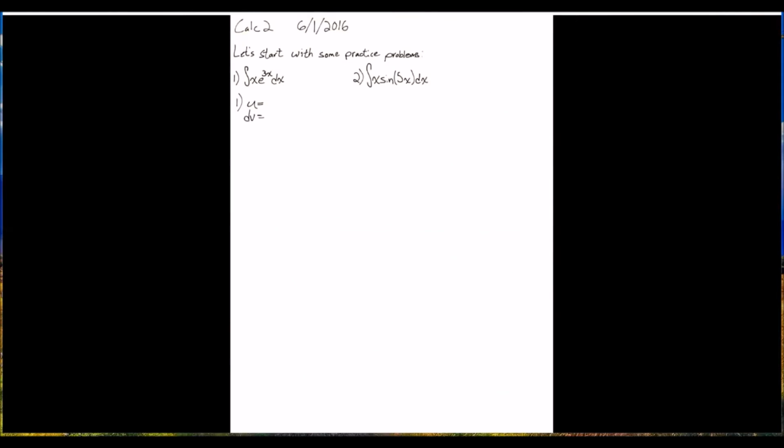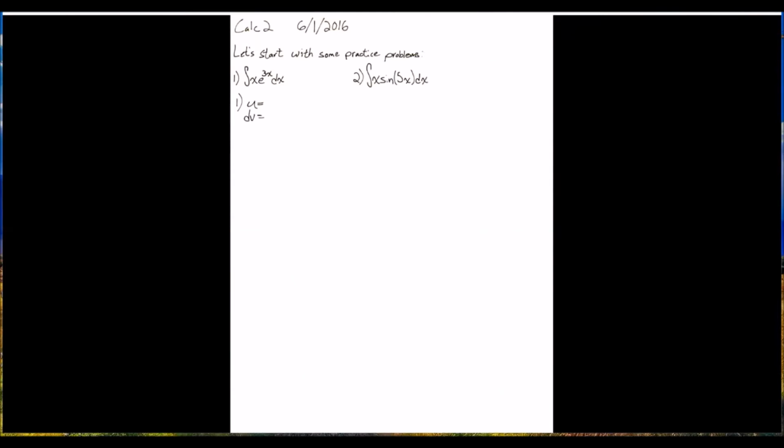So what do you guys think we should pick for a u or a dv? A good pick is, if you have a polynomial, those go down in power when you're taking derivatives, right? Which is helpful later on when you want to take an integral. So you might want to pick the thing that's going to go down in powers as your u, right? Because you're going to be finding a du. Whereas a dv is going to be integrated to find a v.